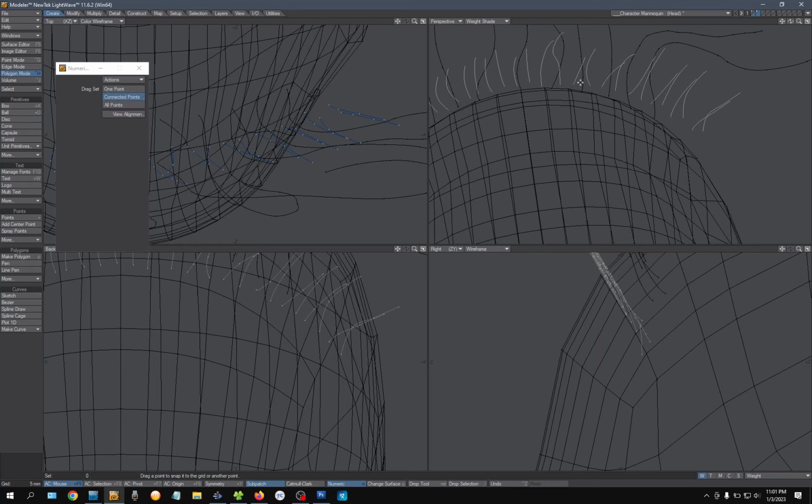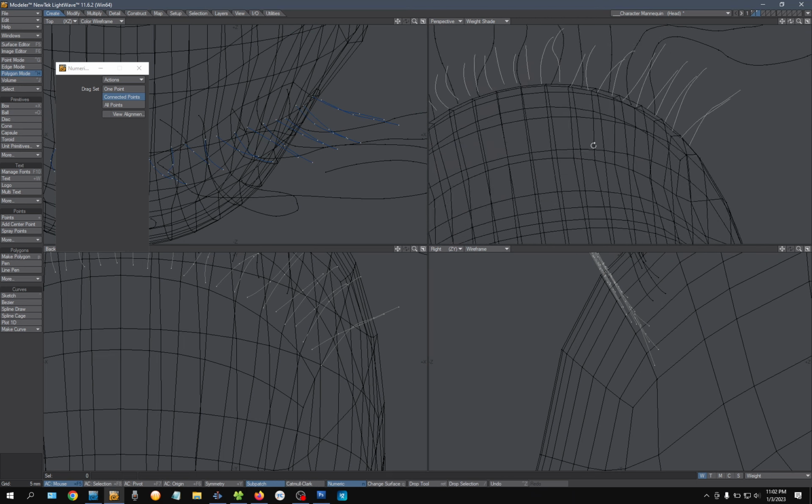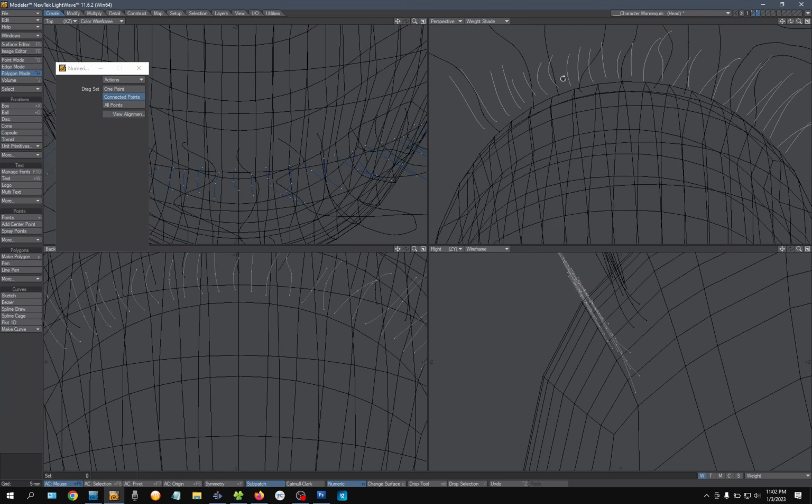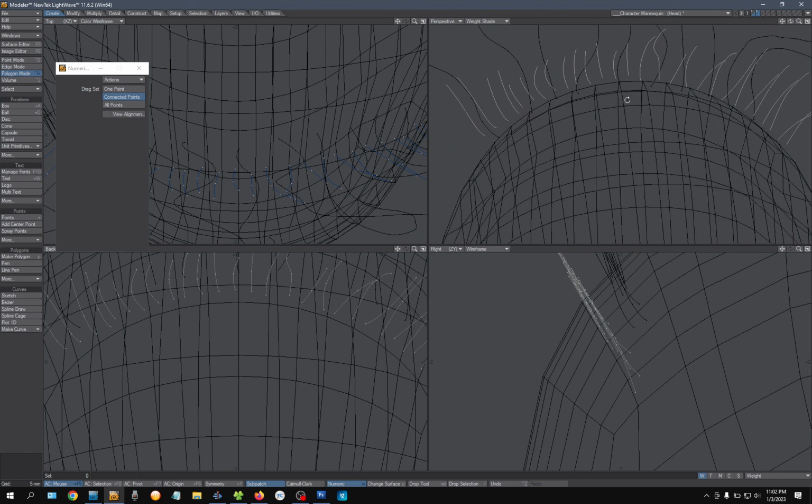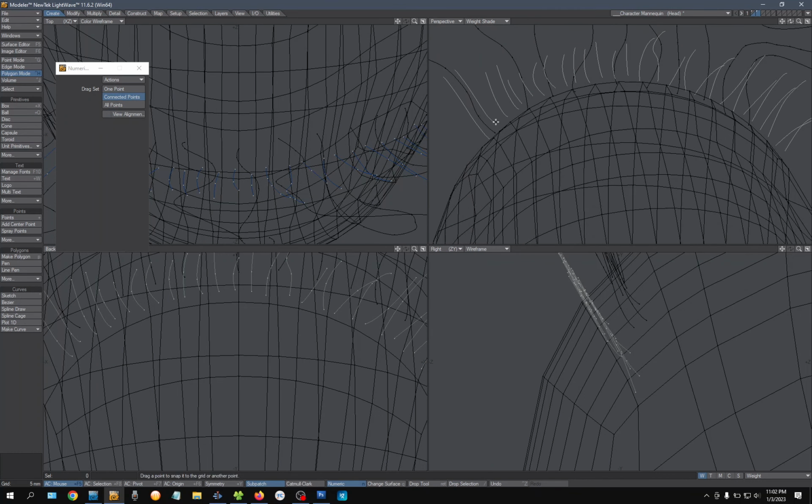But yeah, I just did that, and then I adjusted it with this tool right here. I don't know if I moved this. Now it looks a bit funky, doesn't it? Maybe I moved that by mistake. I don't know. Anyway.